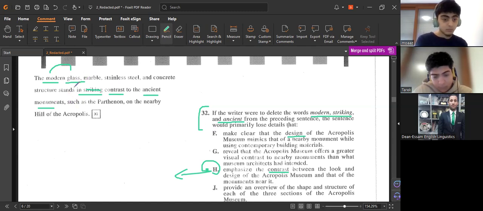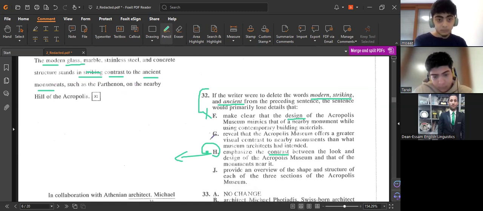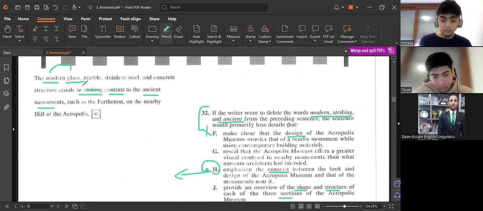Do you know what we are talking about with the design? It "can provide an overview of the shape and structure of each of the three sections." So here, do these adjectives describe the shape? Modern describes shape, striking describes shape, ancient describes shape? No. All of these words do not describe the structure or the shape. So letter G is wrong.